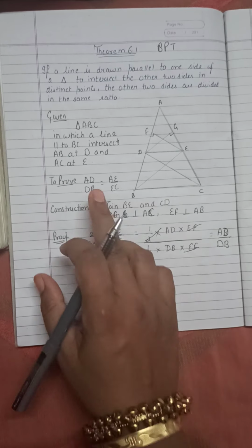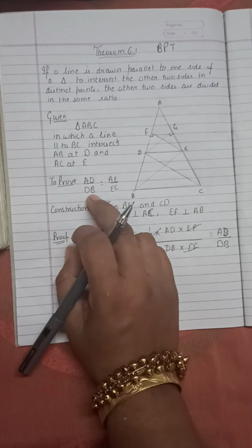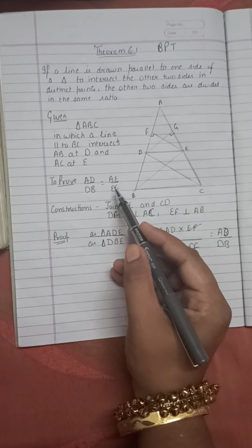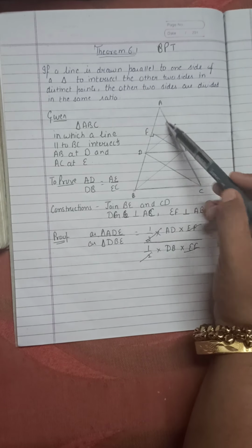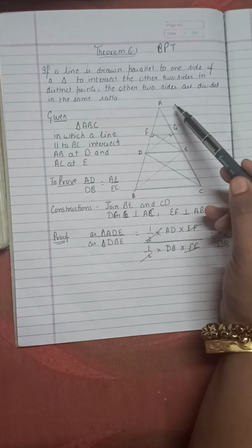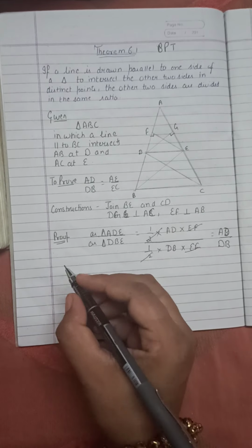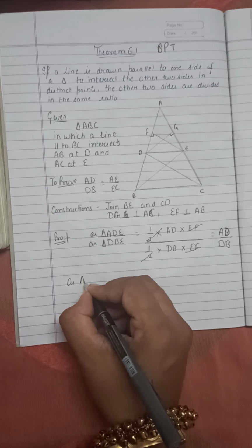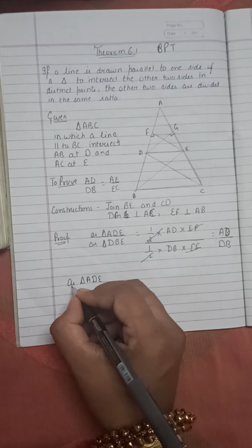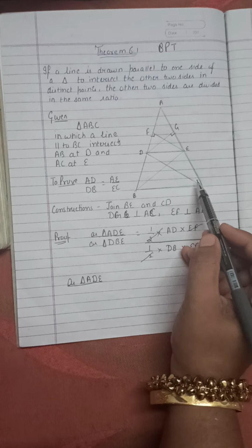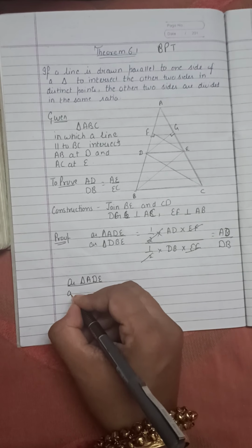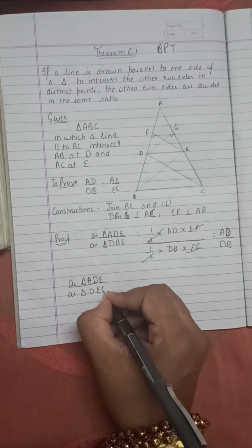Okay, now the first part we have brought in this question. Now the second part, AE upon EC. AE is this side and AE comes in triangle ADE. Again I will take the area of triangle ADE in the same manner, and EC comes in triangle DEC, area of triangle DEC.